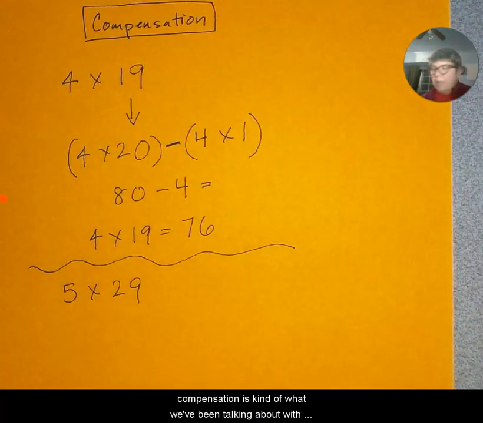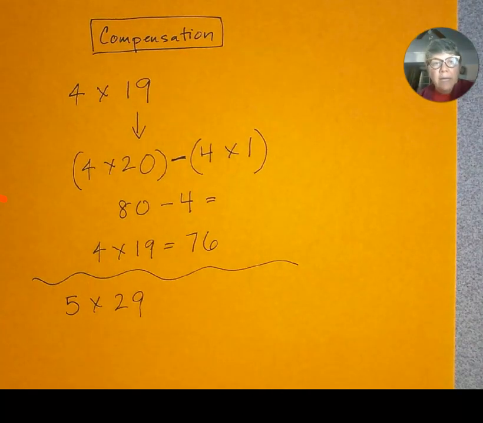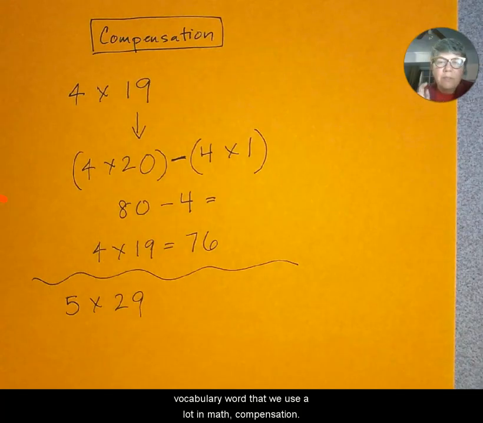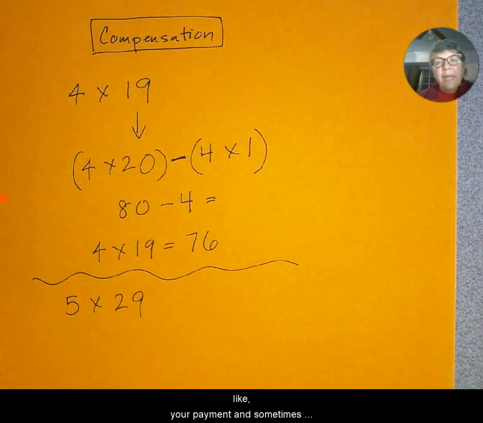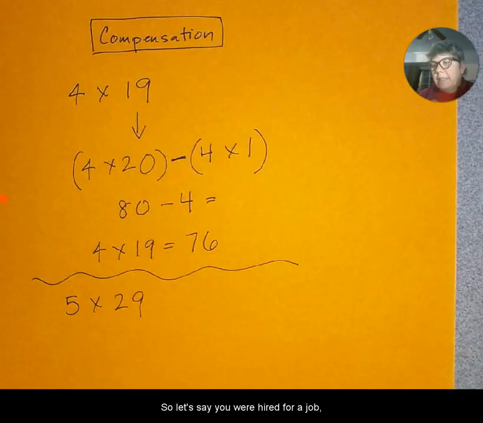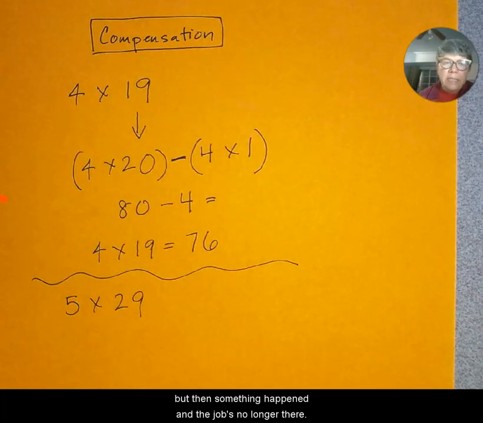All right, now compensation is kind of what we've been talking about with this taking away, but I just wanted to talk about it because this is a vocabulary word that we use a lot in math, compensation. And it's weird because compensation means like your payment. And sometimes your payment for something that didn't go well, right? So let's say you were hired for a job, you moved across the country for the job, but then something happened and the job's no longer there.